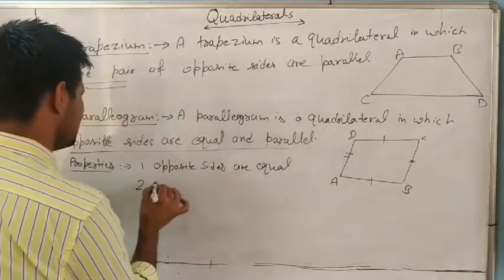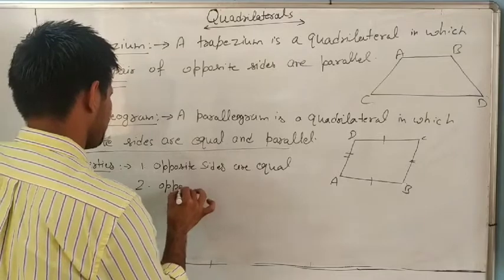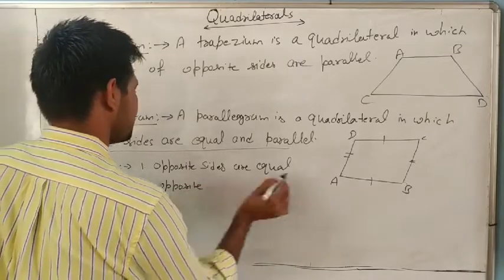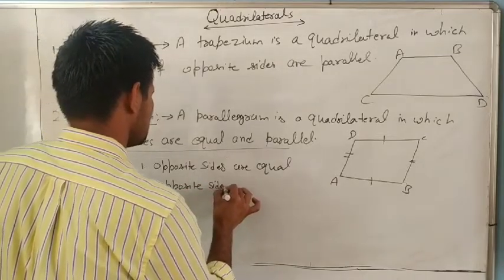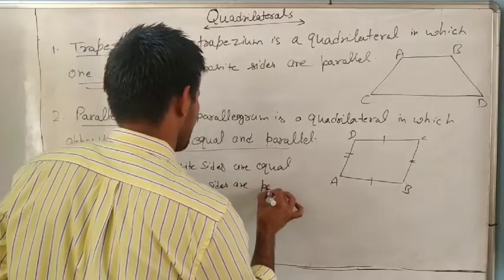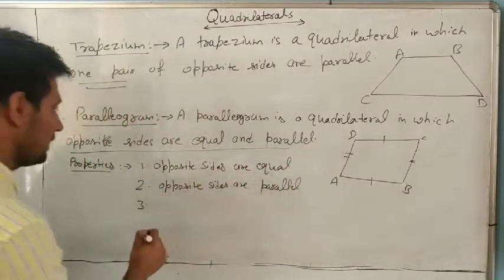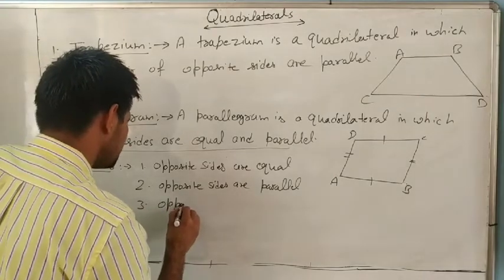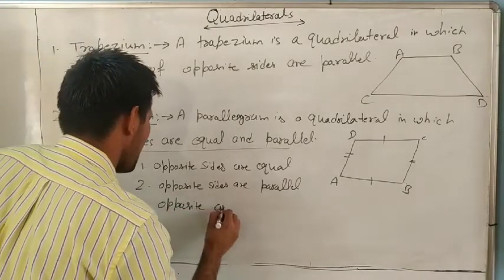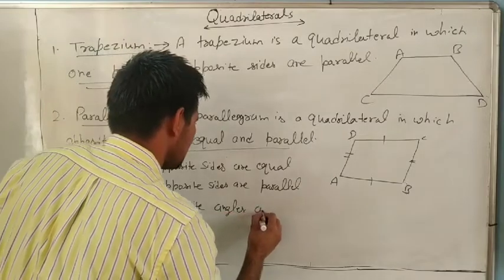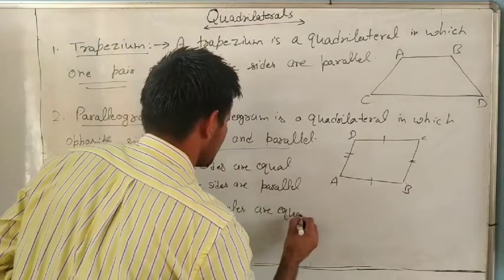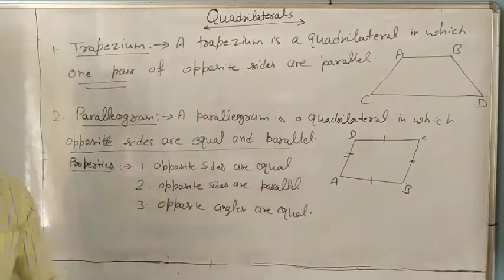Next, opposite sides are parallel. Third, opposite angles are equal. So these are the three properties of a parallelogram.